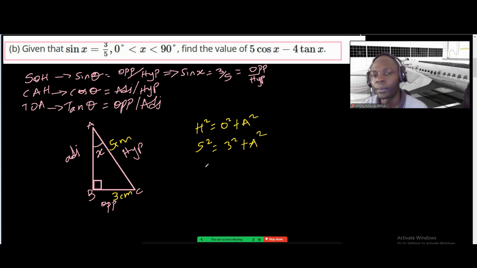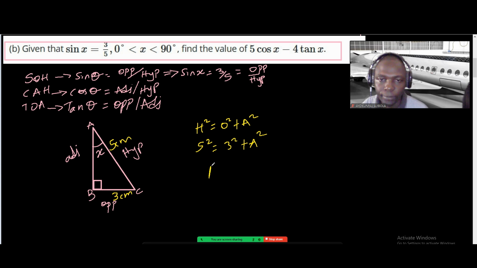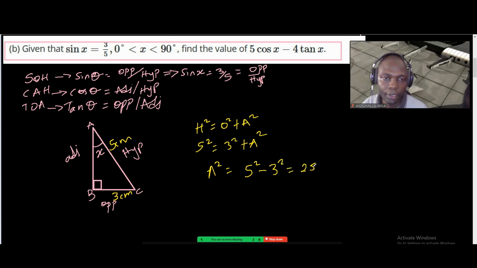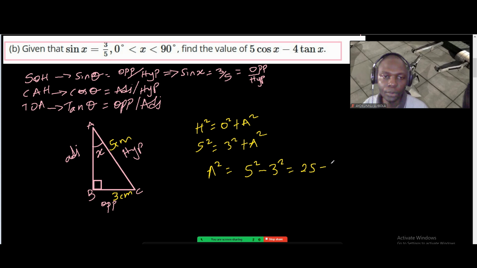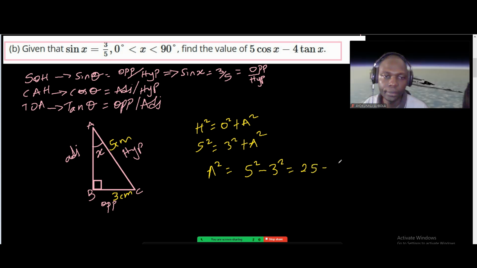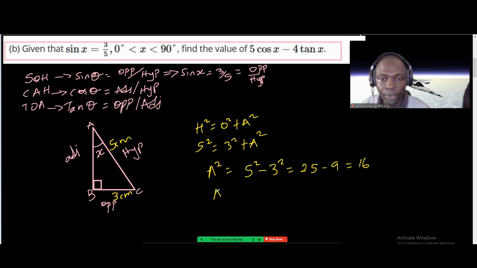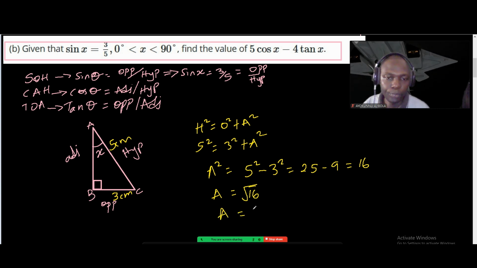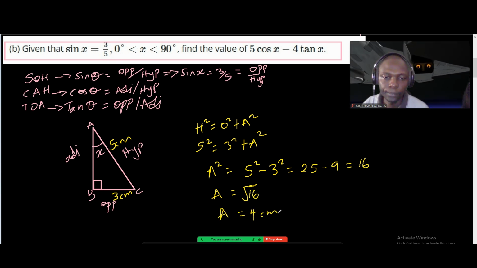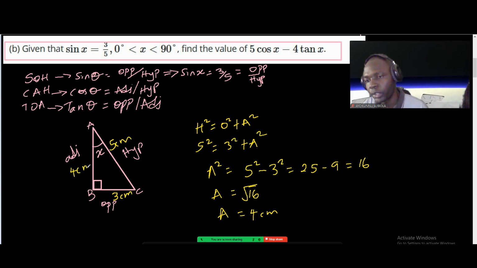Adjacent square will be hypotenuse square minus opposite square. 5 square is 25, 3 square is 9, so 25 minus 9 is 16. Then a equals the square root of 16, because a squared is 16. So a will be 4 cm. So this place is going to be 4 cm.